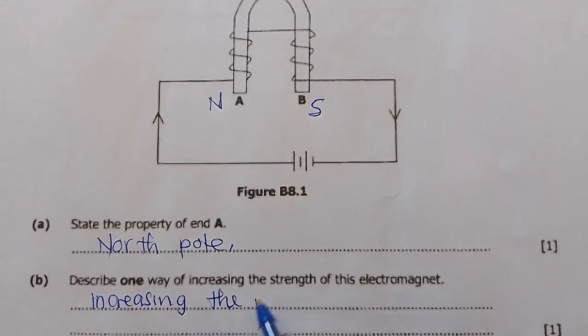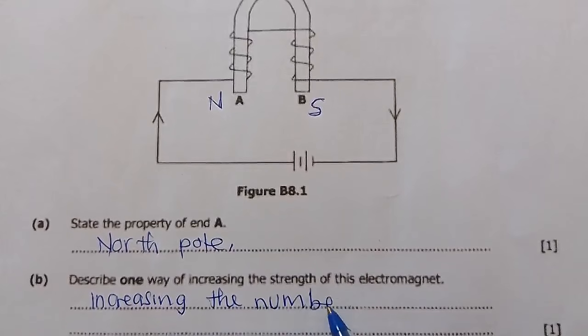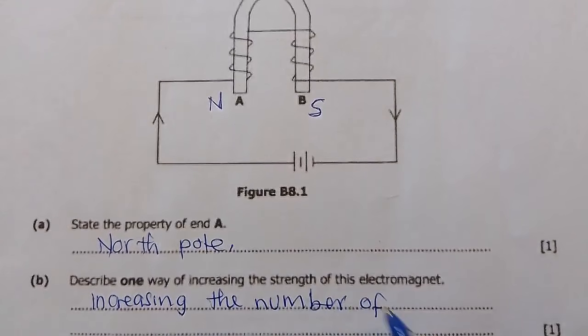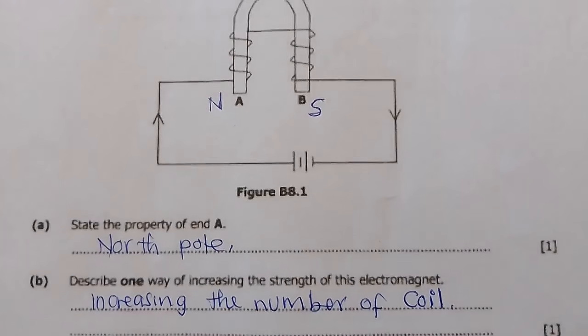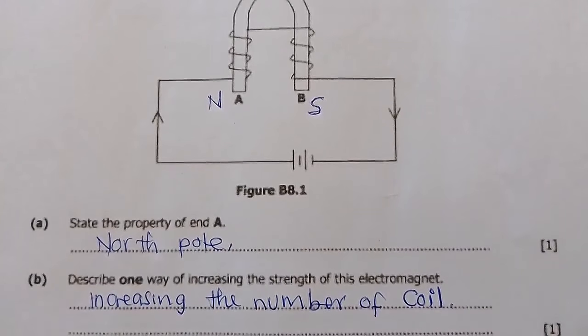Just increasing the number of coils like this. The other way is by increasing the current. Once current is increased in the core, we are going to increase the strength of this electromagnet. So this is where we are going to end.